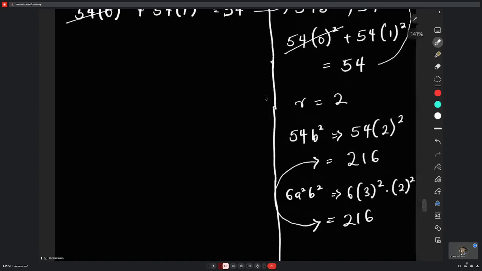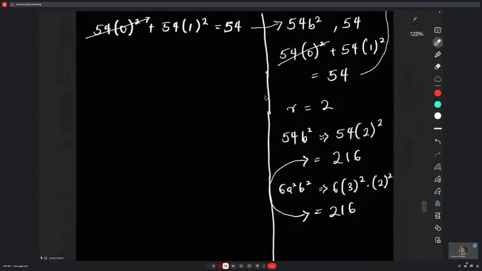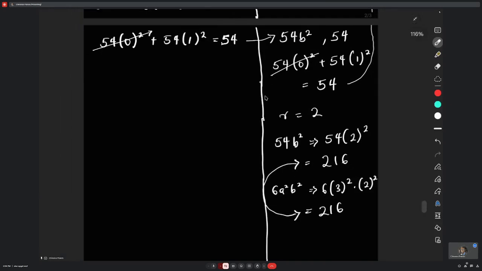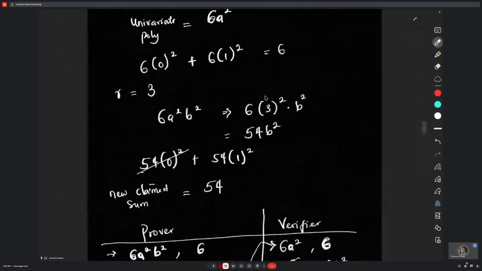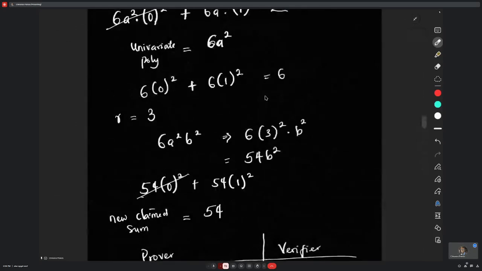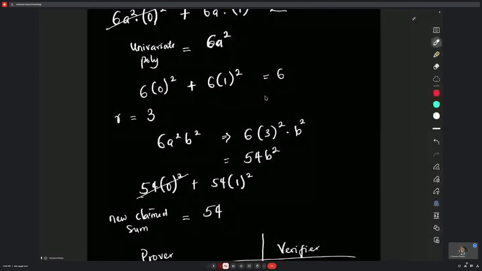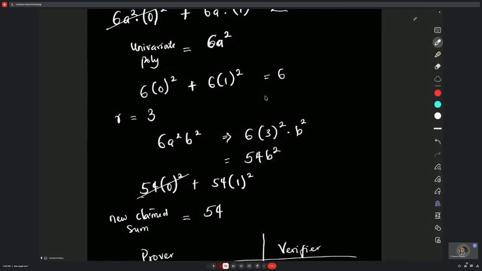So this is the Sumcheck protocol over a multivariate polynomial. It looks easy, right? Because we're working in the coefficient form.